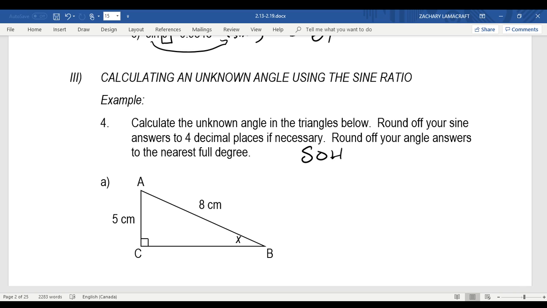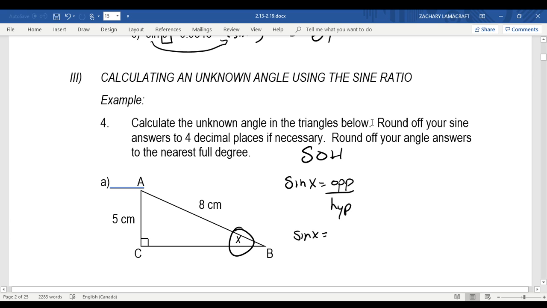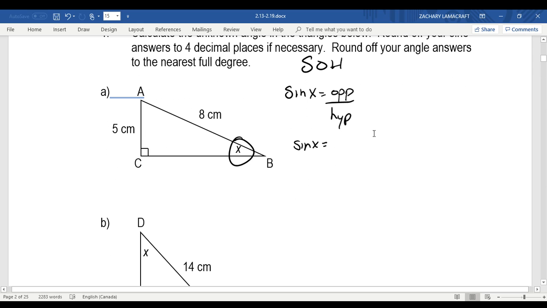For triangle ABC, what is our angling question? Yeah, exactly. So if our angling question is B, we know it's sine X equals opposite over hypotenuse. What side is our opposite side? Yeah, go for it. Sorry? Yeah, and then the hypotenuse.